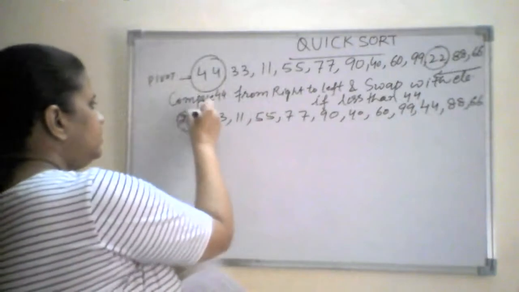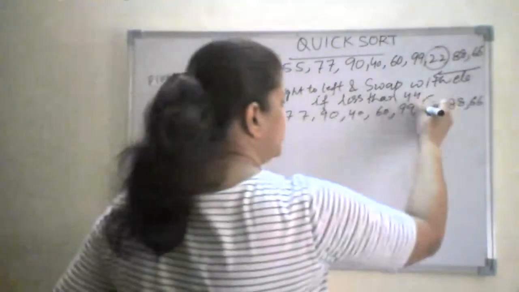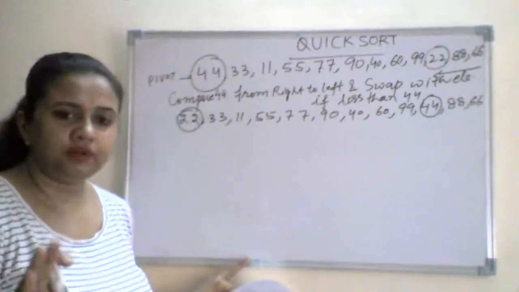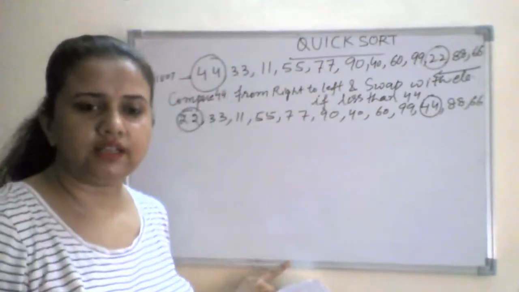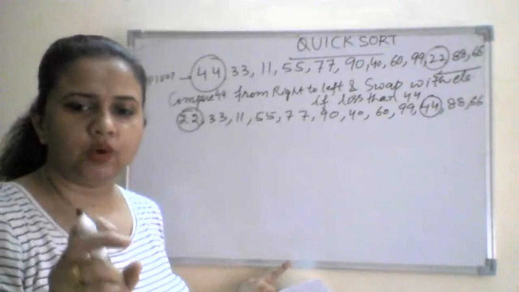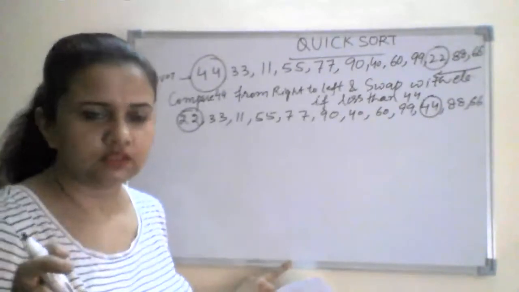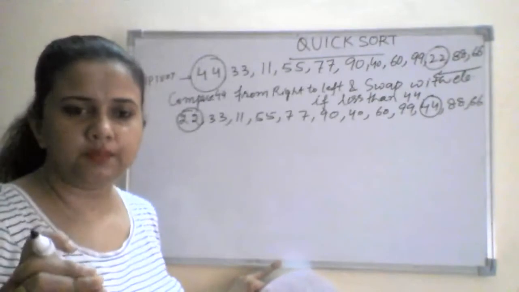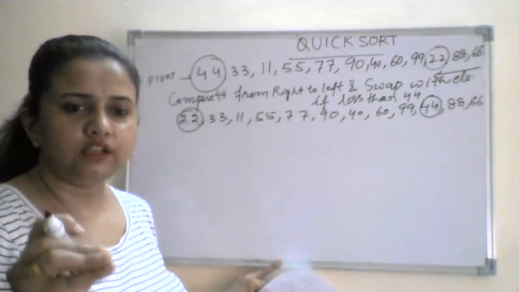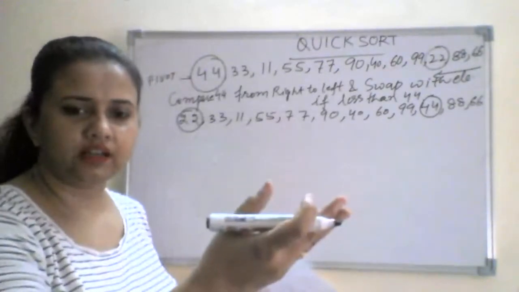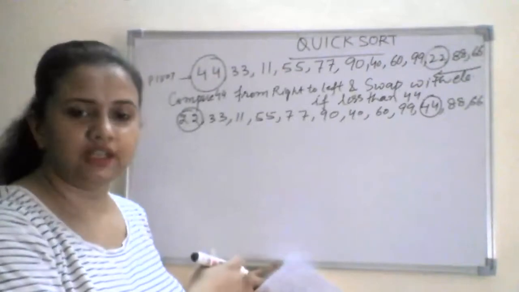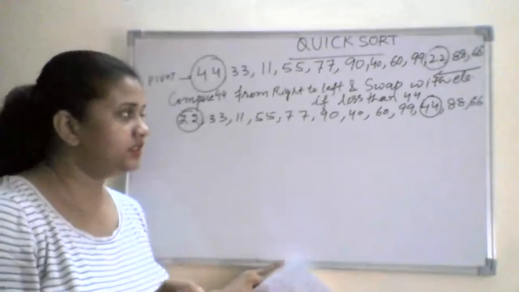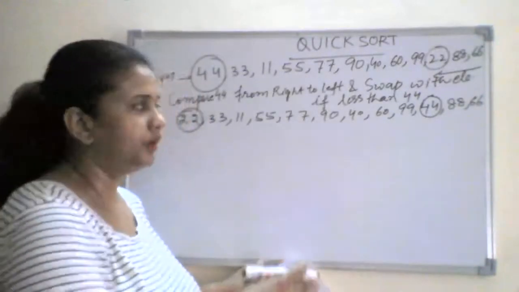The pivot element will not change till the time it is at its designated place. So what is the designated place of a pivot element? The designated place of the pivot element is that all the elements towards its right are greater than it and all the elements towards the left of it are less than it. Because we have not reached that stage, we will continue with the operation.